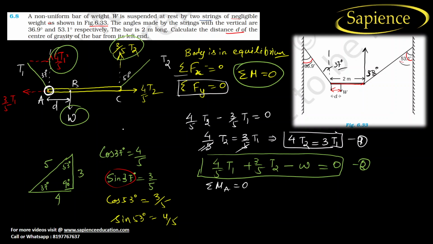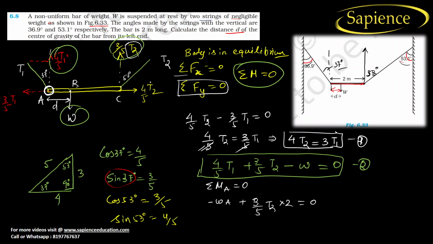Let us consider clockwise direction. So let us consider W into a clockwise. If we consider it as negative, we can put a negative here, and this force will produce anti-clockwise rotation, so this will be plus 3 by 5 t2 into the total distance, which they have given as 2, and this will be equal to 0.